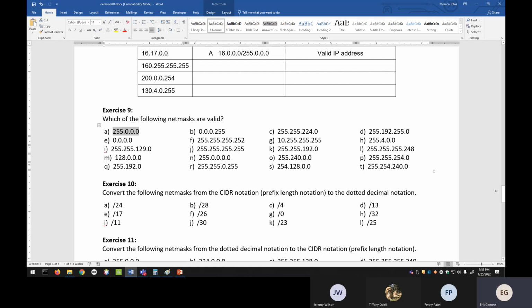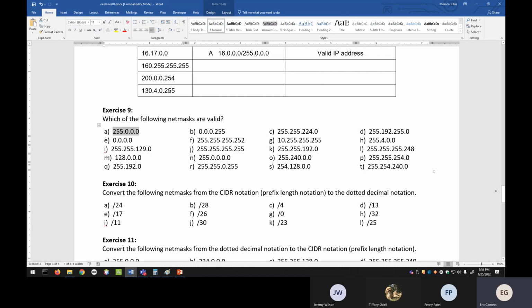Do we have a series of 1s followed by a series of 0s? We have 8 1s, 24 0s. So it's a valid netmask. Remember, where we have 1, it says that this bit belongs to the network part. Where we have 0, it says the corresponding 24 bits, which are the last 3 bytes, belong to the host part.